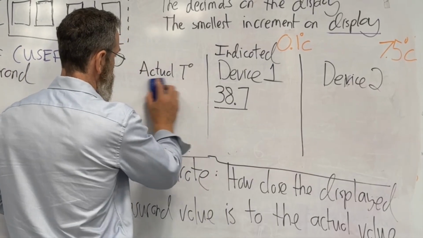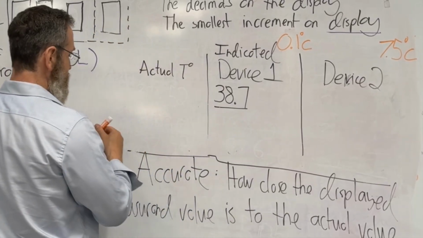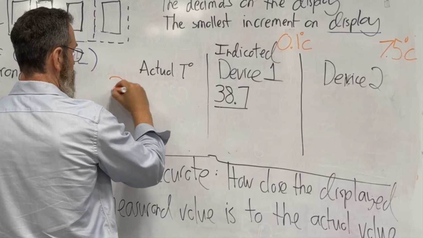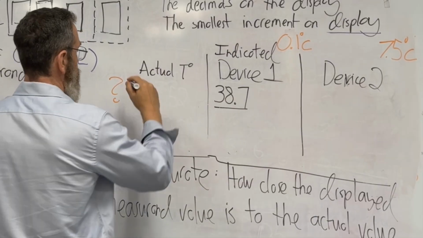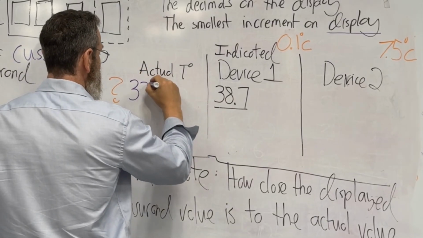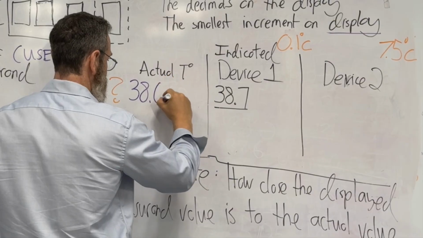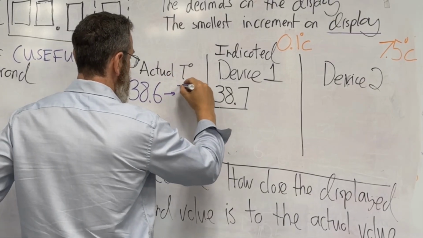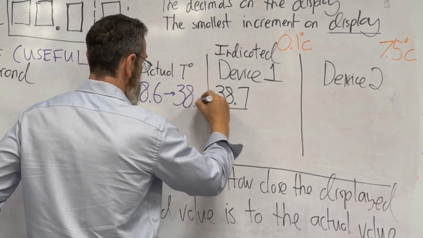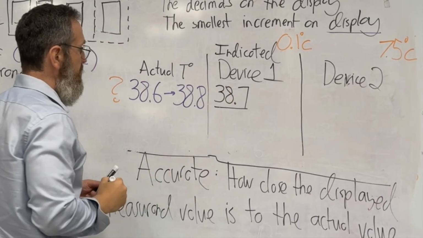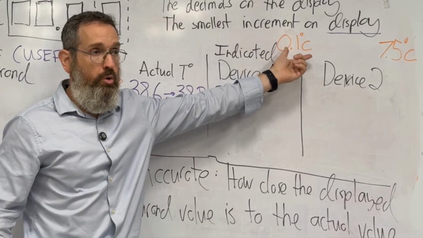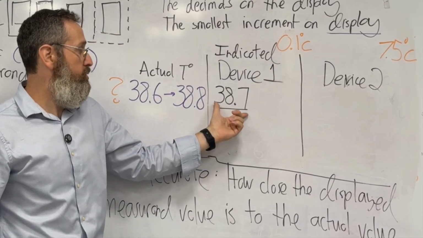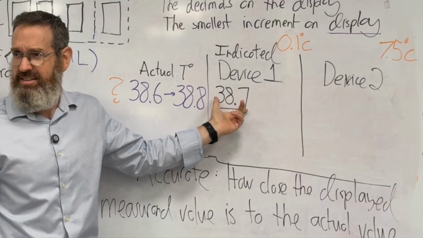So I'm going to put a guess here. The guess was, as you put it, it might be 38.6 to 38.8. Because if it's 38.8 and the error was 0.1, it might have read as low as 38.7. Worst case scenario.